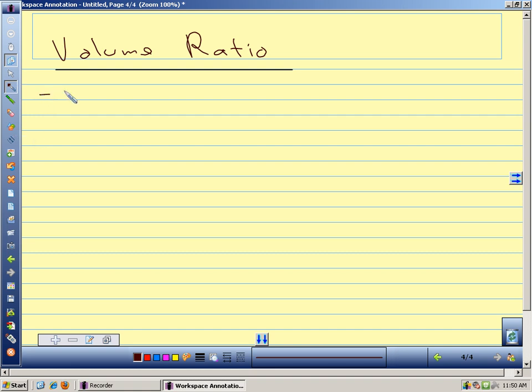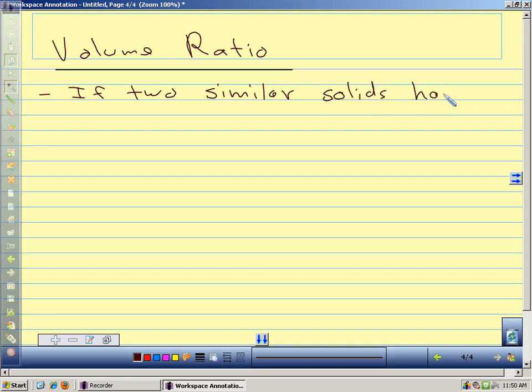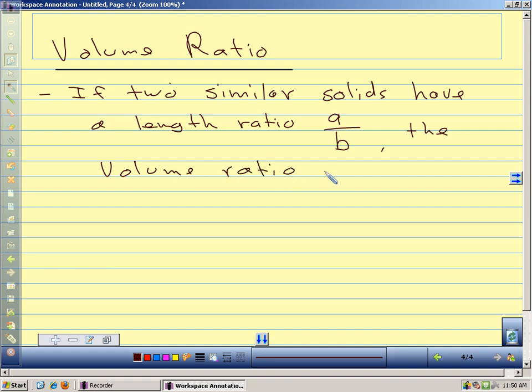So what we're going to write is, if two similar solids have a length ratio A over B, the volume ratio will be A cubed over B cubed.